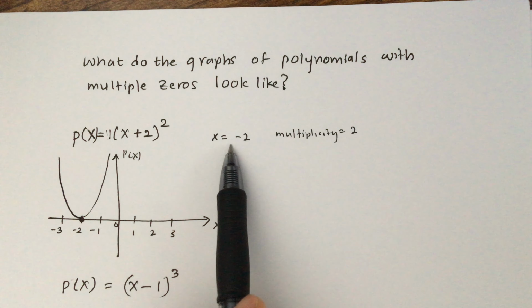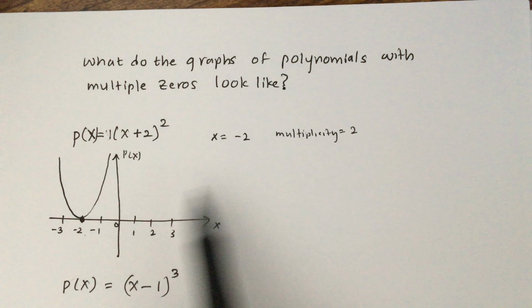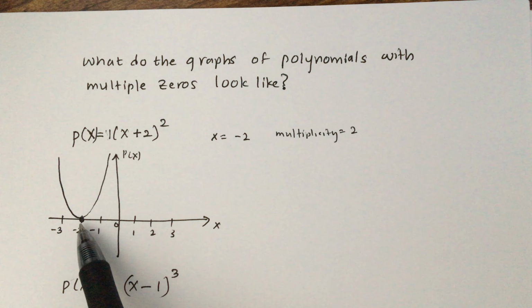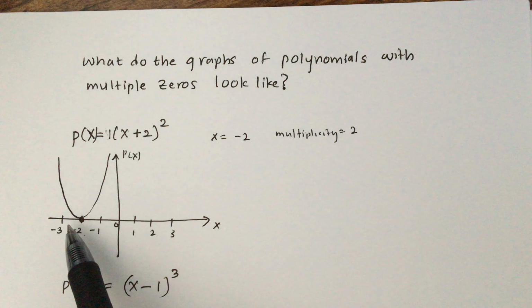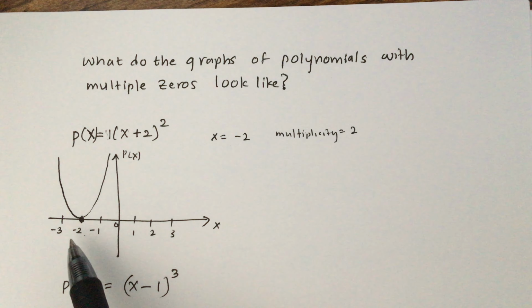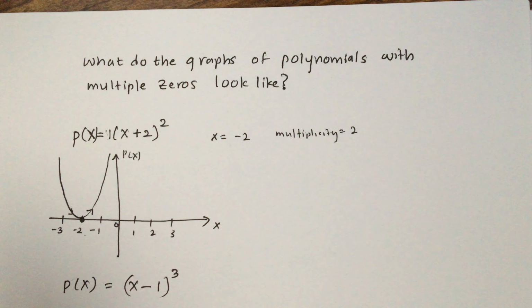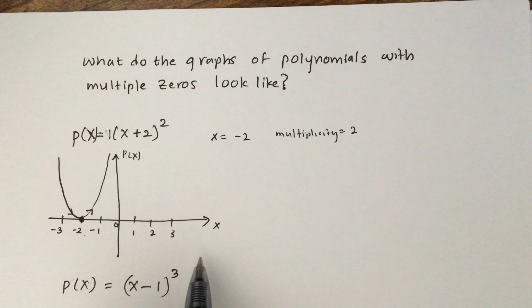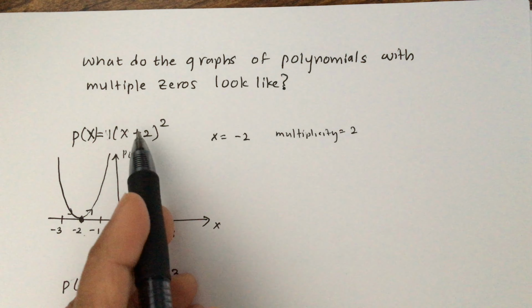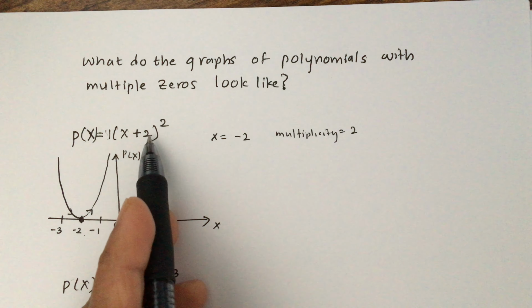As you can see, at x equals negative 2, your graph bounces off the x-axis, right? It bounces off at x equals negative 2 because the degree of this polynomial is what?